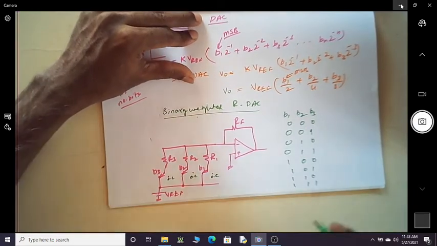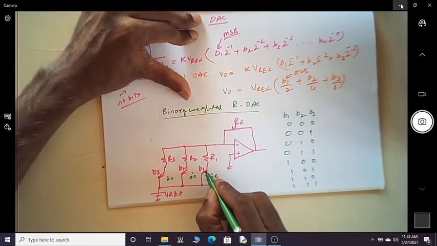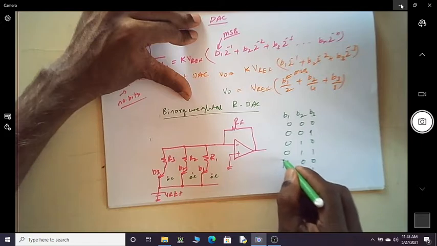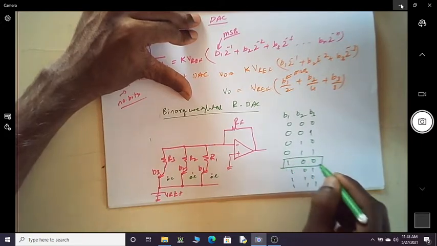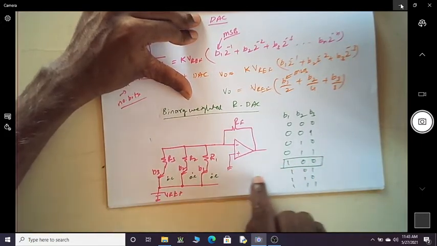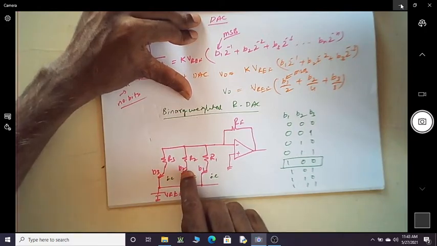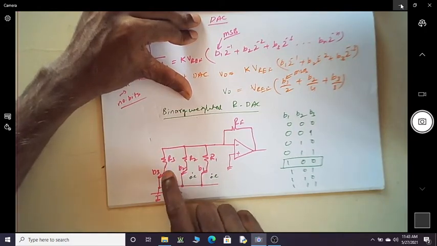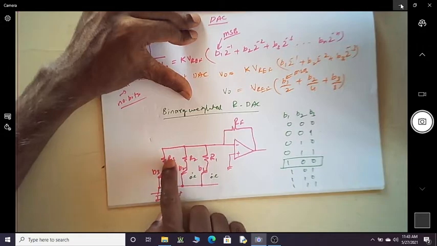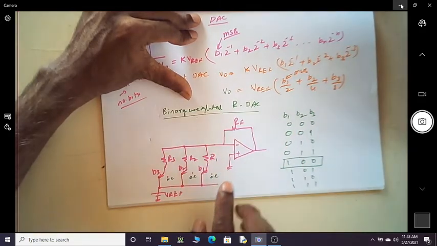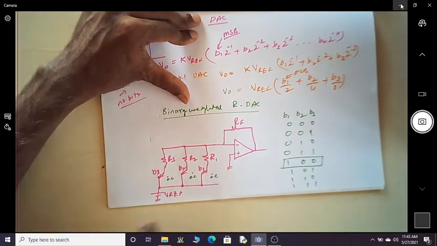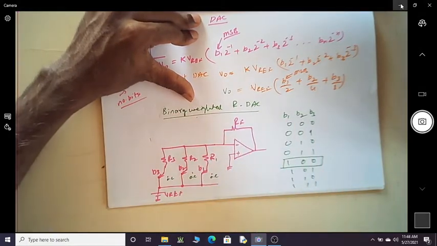Suppose you consider this particular combination of 1, 0, 0, with the other two as 0, 0. You can say this will be open circuit, this will be open circuit. R2 and R3 will not be a part of the circuit. What you're going to have is only R1 and RF as the part of the circuit.